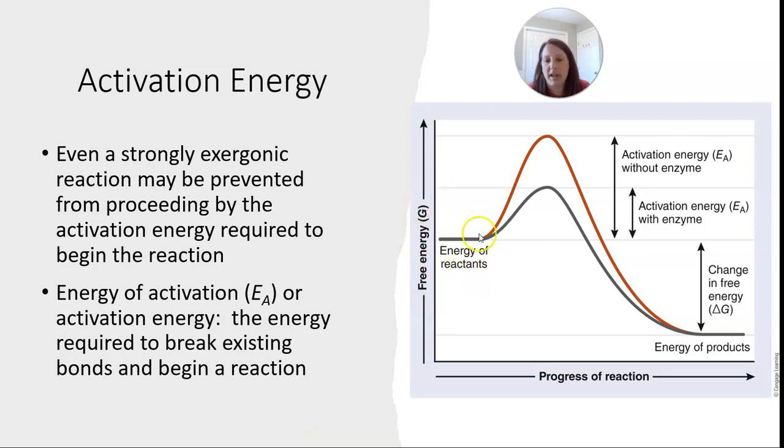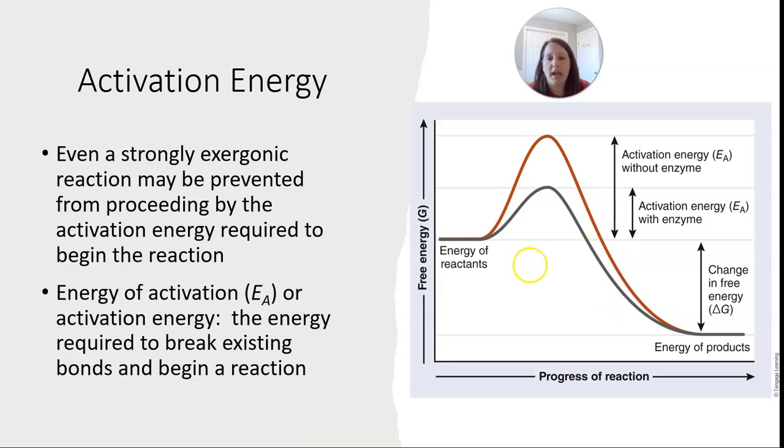If we look at reactant molecules versus products, we see that products have lower free energy. So here we state that the free energy change for a reaction of this type is going to be negative, so there's a decrease in free energy. And so again, this is an exergonic reaction.